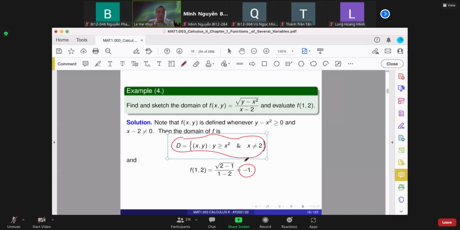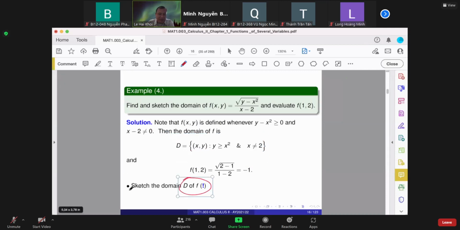So how about the sketch of the domain of f? This is more interesting. So you should understand that the domain of f consists of two conditions.